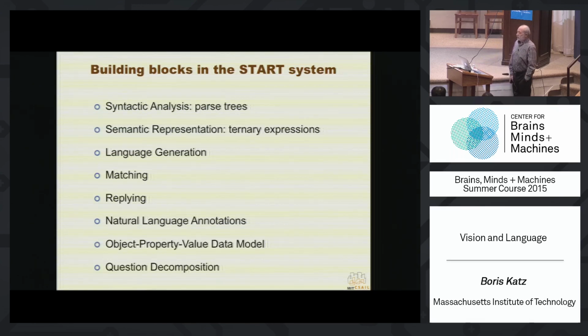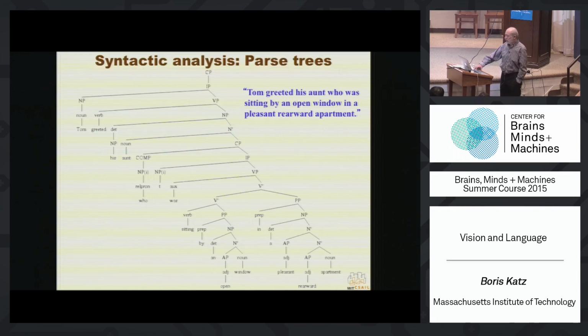Some of the building blocks of the START system: we need to parse language, we need to come up with semantic representation, generate, match, reply, and so forth. So let's very quickly go through that. Most of you somewhere in middle school learned about parse trees. Linguists love them, they're beautiful.